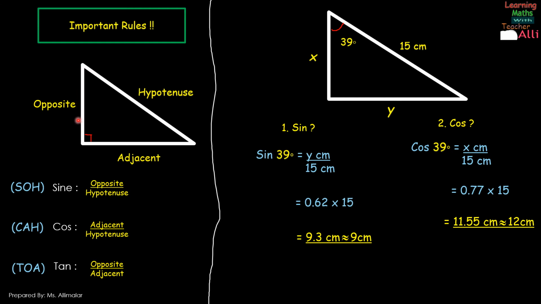This line will become adjacent because you are standing here, your eyes are looking here, which means this line will be the opposite. If you are standing here, the opposite line is this, and this will be your adjacent. Hypotenuse remains in the place.